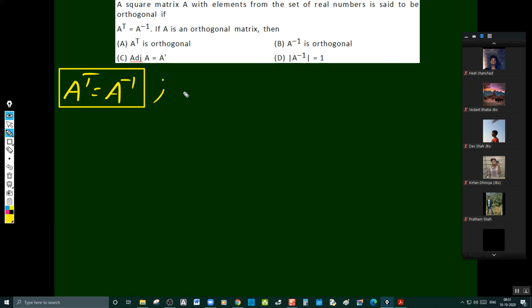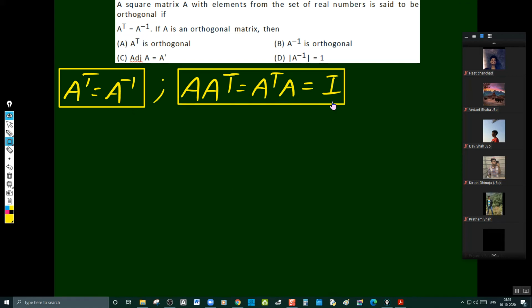A transpose A is equal to I is the definition of an orthogonal matrix. Do you remember that? Yes, yes.